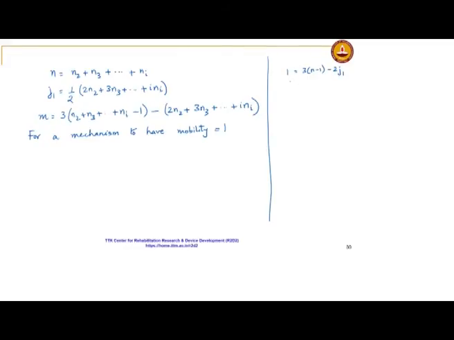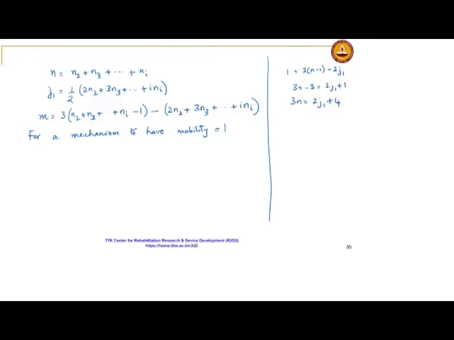So, I get 3n equal to 4 plus 2 j1. Did I do that right? No. 3n minus 3. Yeah. So, 3n equal to 2 j1 plus 4.